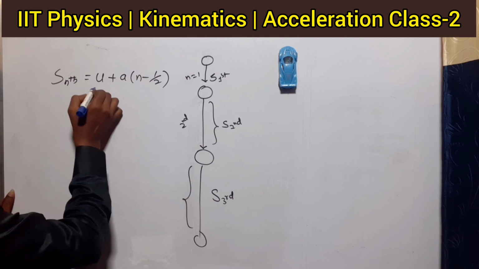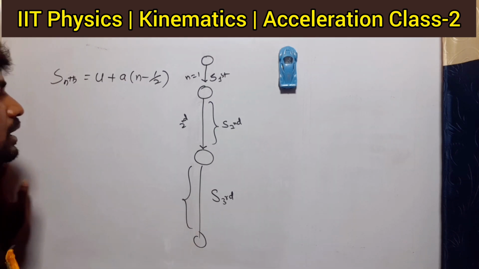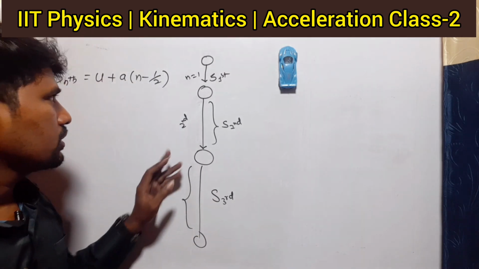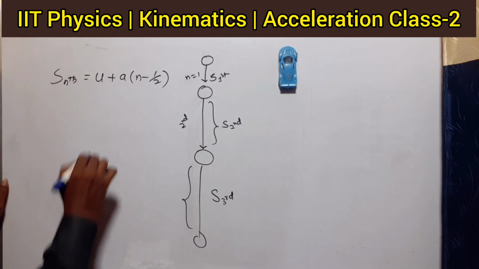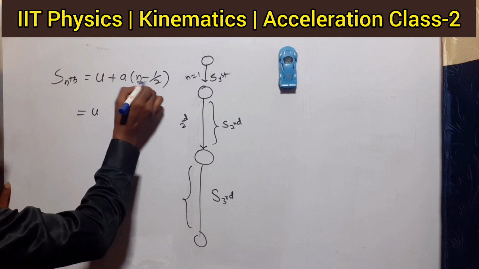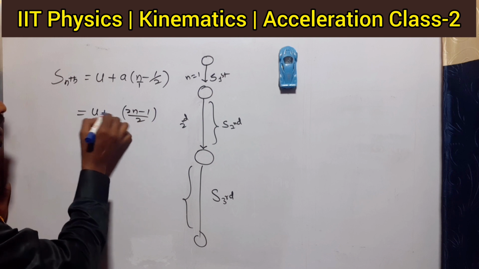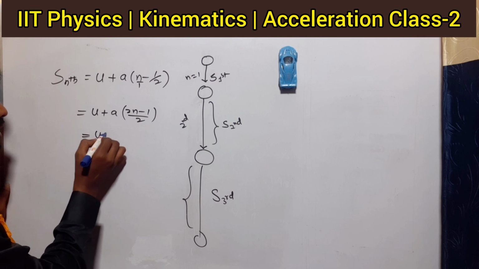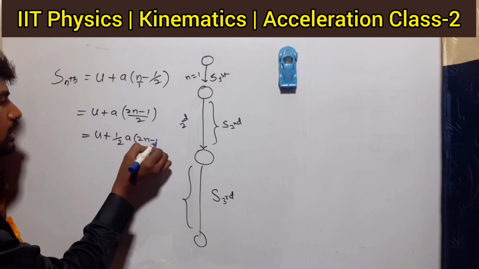For that, u means initial velocity, a means acceleration, and n means a particular second: 4th second, 5th second, 6th second or 10th second, any second, you can substitute here: u plus a into (n minus half). If you rewrite this, sometimes it also appears like this: after taking LCM, (2n minus 1) whole by 2, then u plus half into a into (2n minus 1).